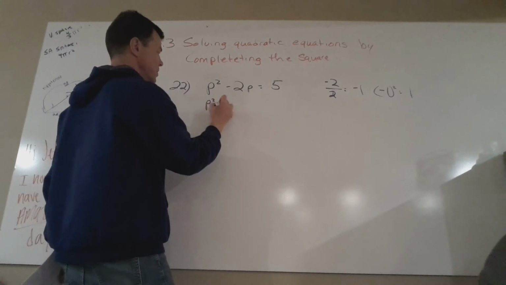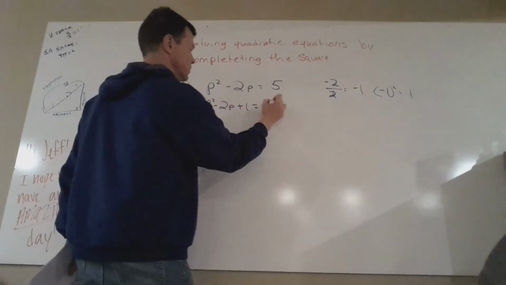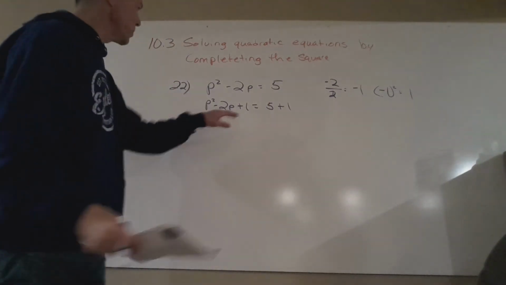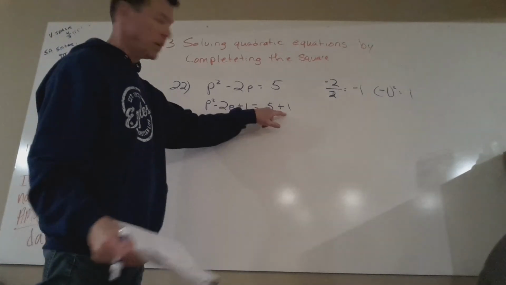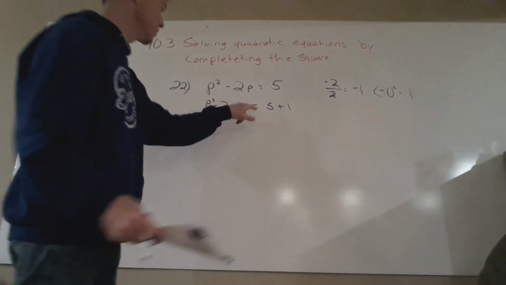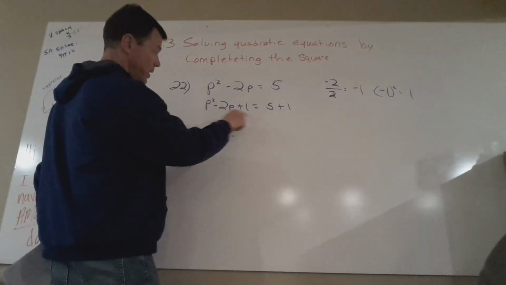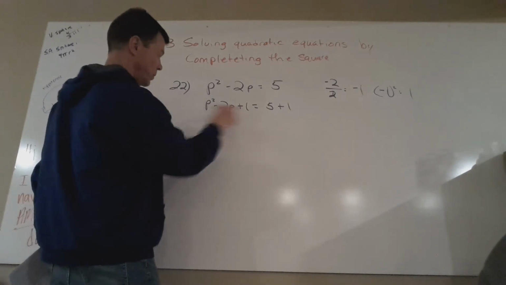P squared minus 2p plus 1 equals 5 plus 1. So that's all I'm doing to get a perfect square trinomial here. I just need to add 1. If I add 1 to the left, I got to add 1 to the right side because there's an equal sign. So anyway, we can factor this. These are both perfect squares.